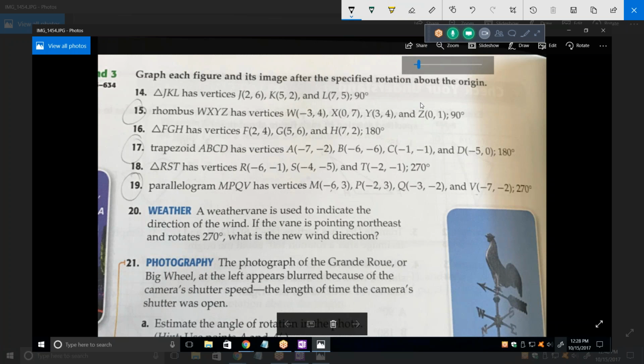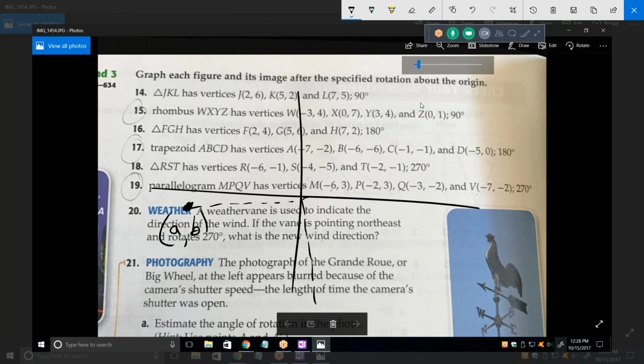If they say, let's do a 270-degree rotation, pick a point right there. I don't care if it's a triangle, a quadrilateral, a parallelogram, a trapezoid, doesn't matter. If I do a 270-degree rotation, and that point is A comma B, then this point has to be -B.